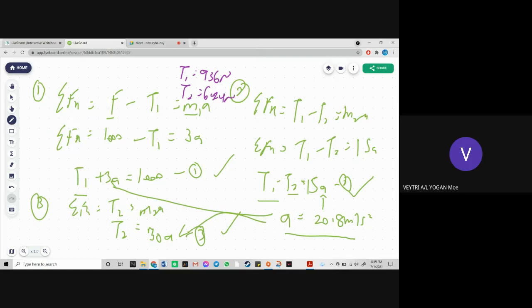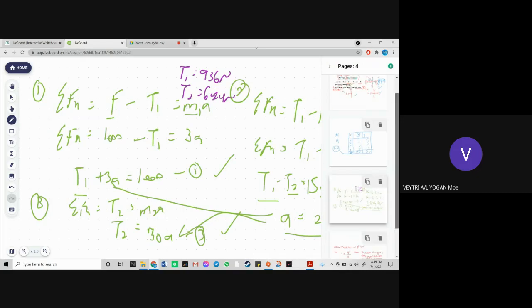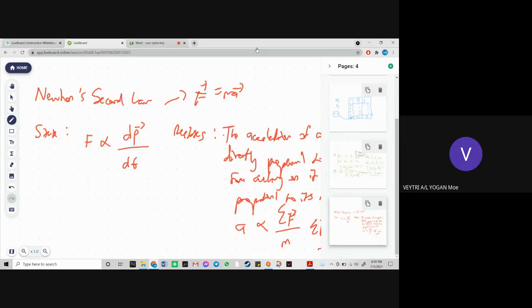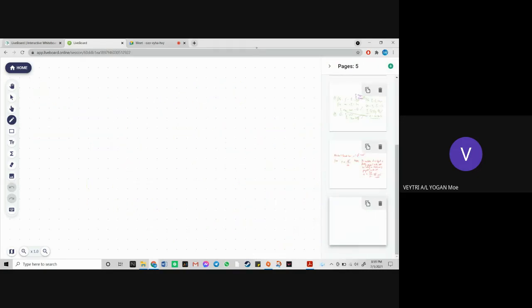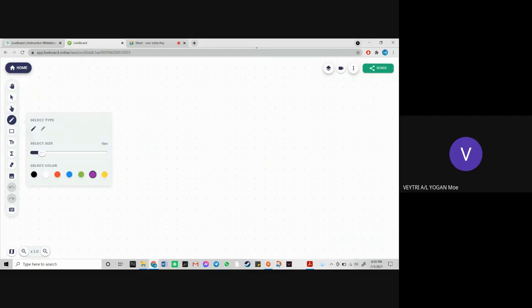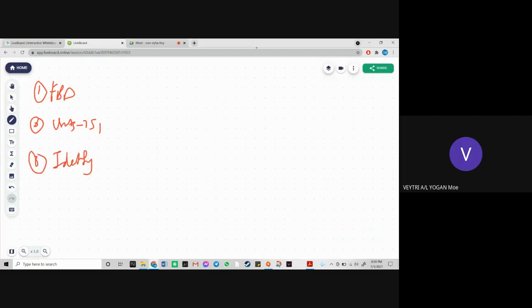Alright guys? Okay, now before I end this session, I would like to give you guys some tips on answering questions regarding Newton's second law. Number one, remember your free body diagram. Number two, units, change it to SI. Number three, identify which direction is your acceleration and fill it in according to component.